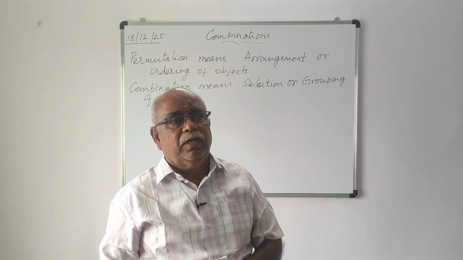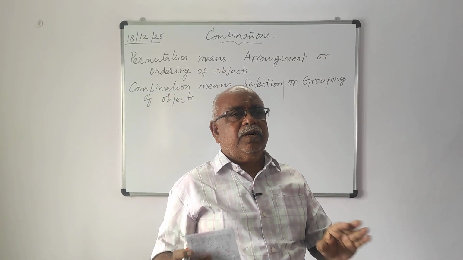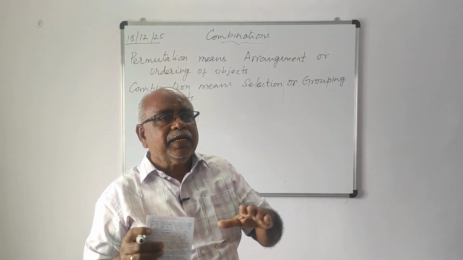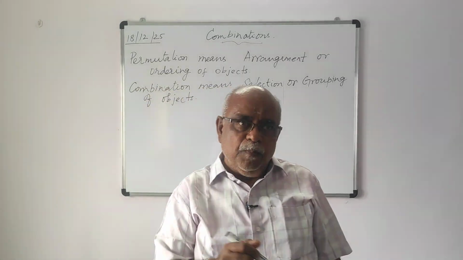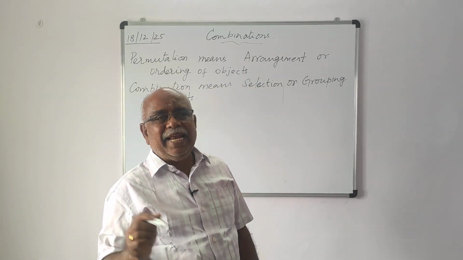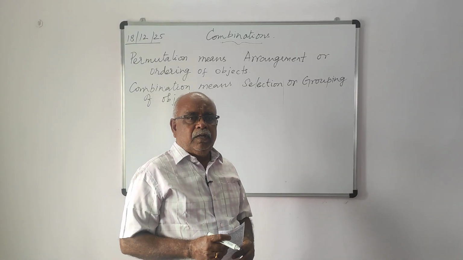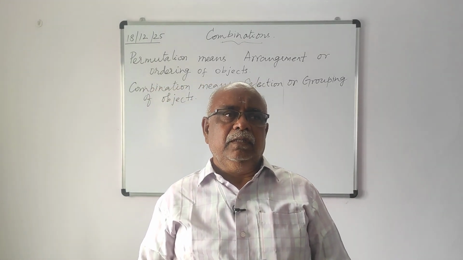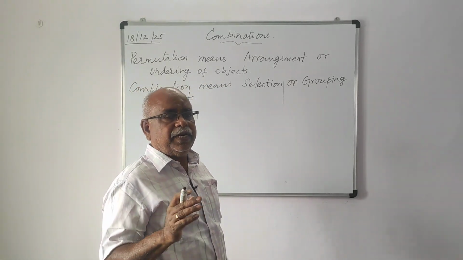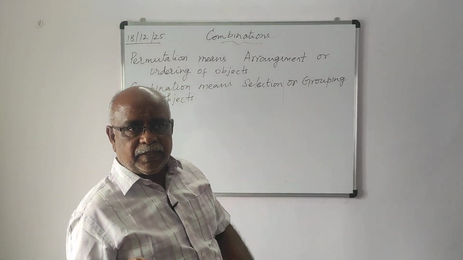That is permutation. But combination means just grouping the objects or selection of objects only. In combination there is no question of arrangements or ordering. Combination is just selecting the objects or grouping the objects.